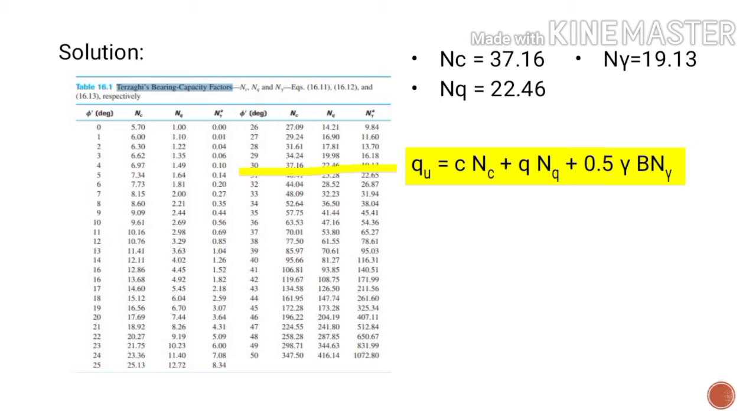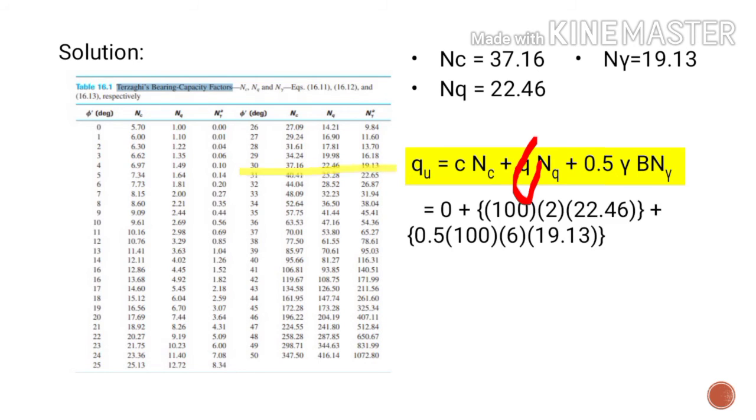The value of Q we can get by multiplying the unit weight, which is 100, times the depth of the footing, which is 2.